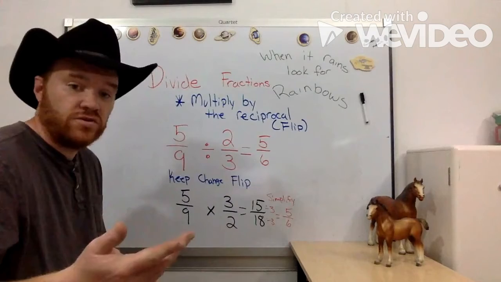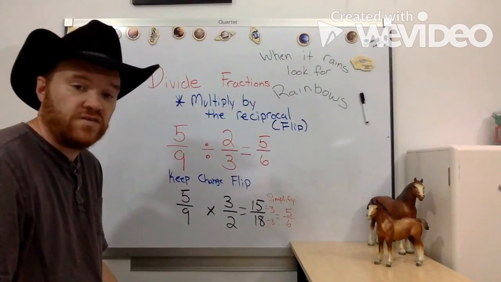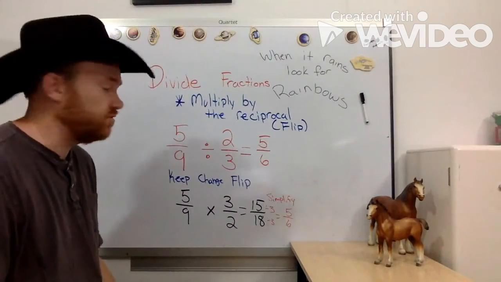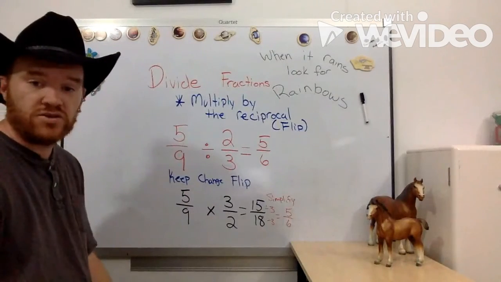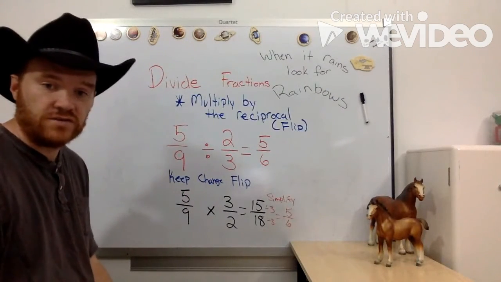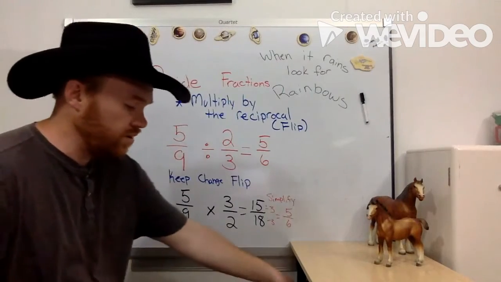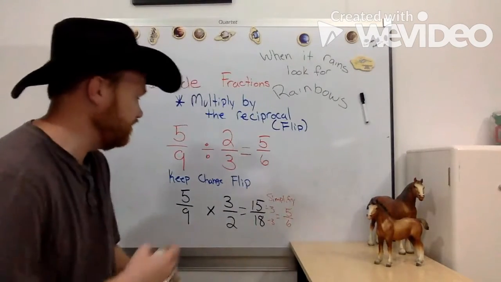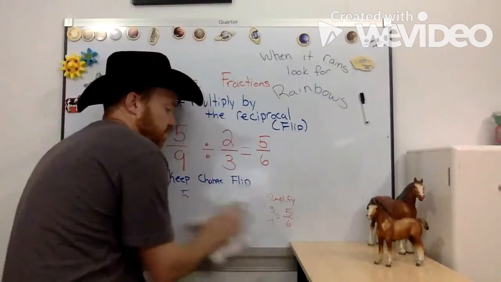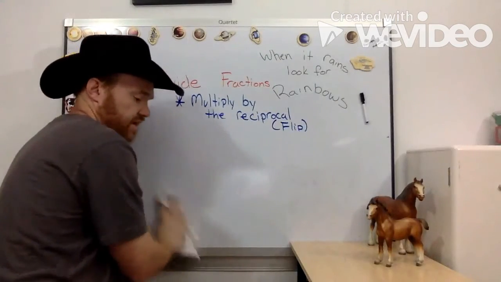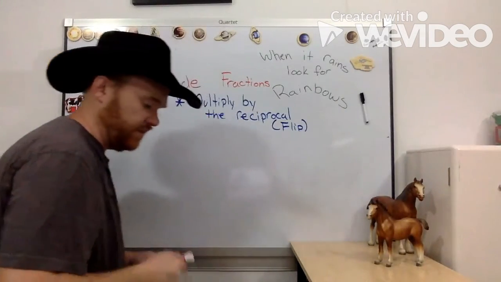If I was going too fast, just go ahead and slow down, or also comment, say, hey, Mr. Heineman, you're going a little too fast for us, and I can make sure to slow stuff down in my next videos. There's still one more example that I want to do with you guys, and that's the case of having a mixed number.